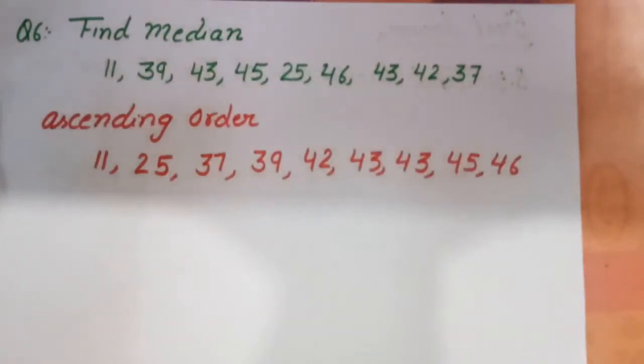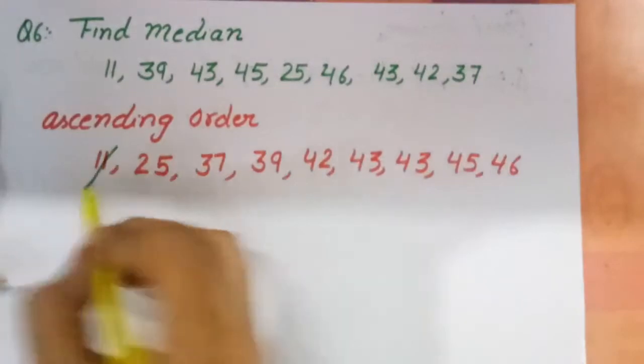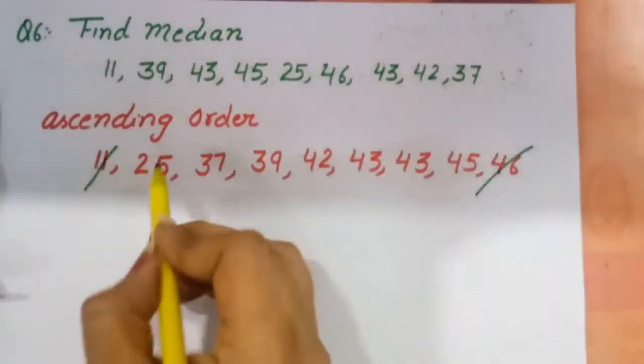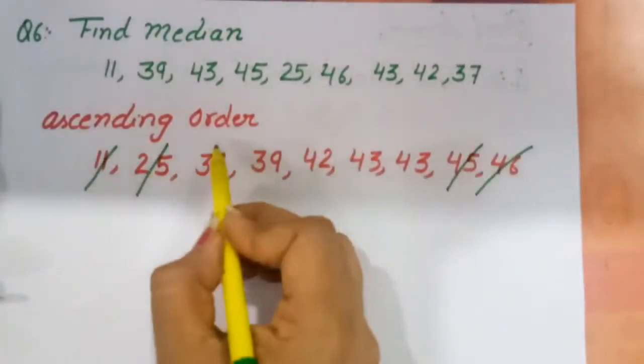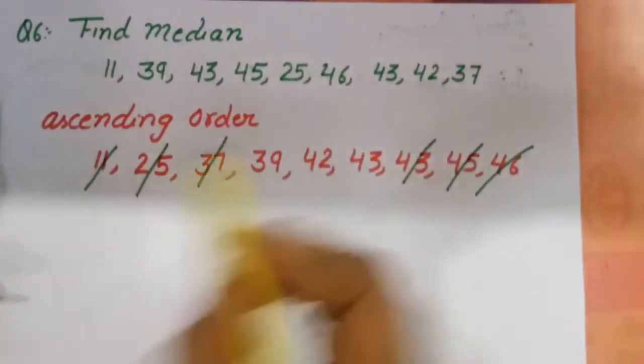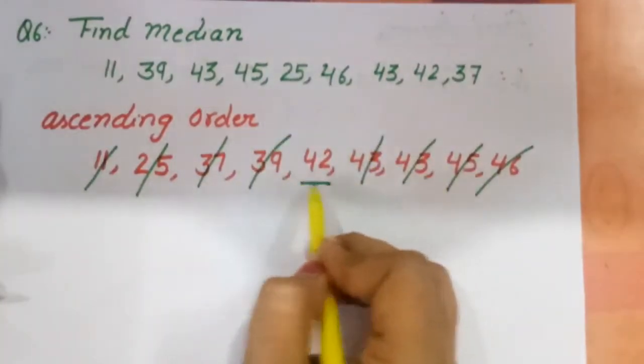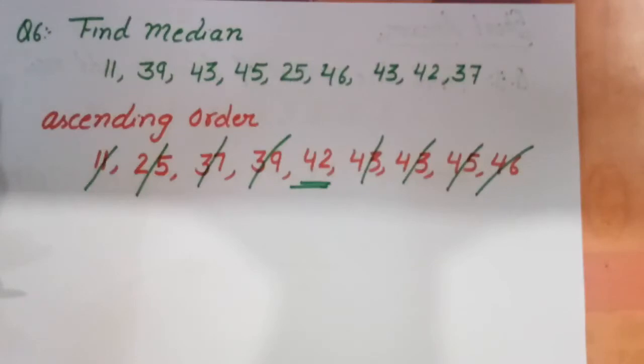Now median means the middlemost term of the data. So we have to find the middle term of this data. For this we can start cancelling the terms from both ends. Cancel this also. Now the third and third last term, this also. So what is left is your median.